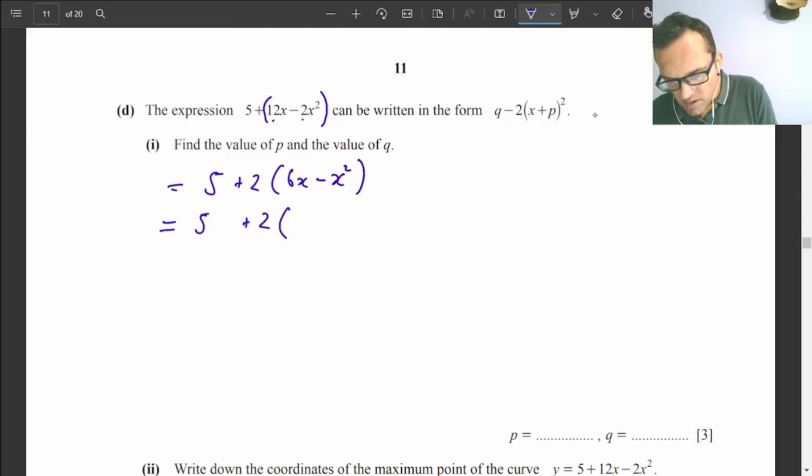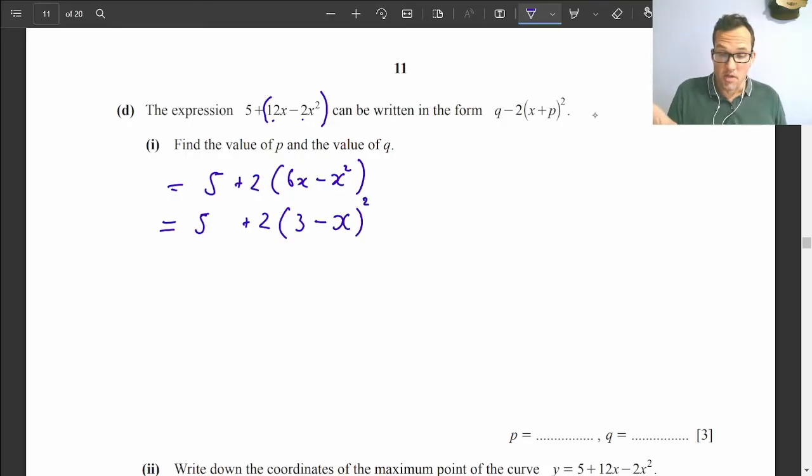We half that term, which half of 6 is 3, and we take the square root of that, and then we square it. Problem I see now is that in here, x is positive, and we've got x negative here. So it might have been smarter to factorize out not the 2, but a negative 2.